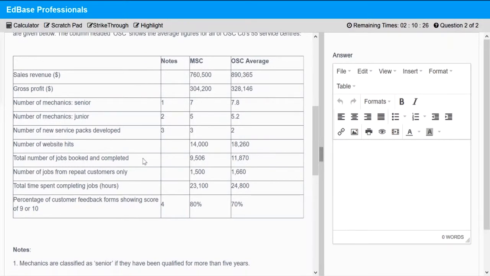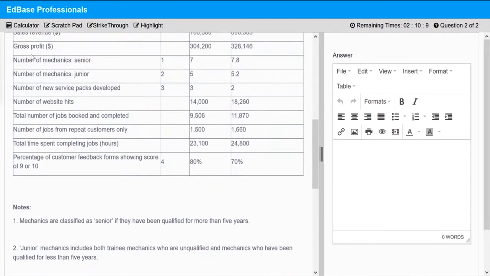So we have some financial data and obviously some non-financial data. We also have the customer feedback form showing a score of 9 or 10. So now we have the MSC's information and the OSC's average data. Let's look at the notes.